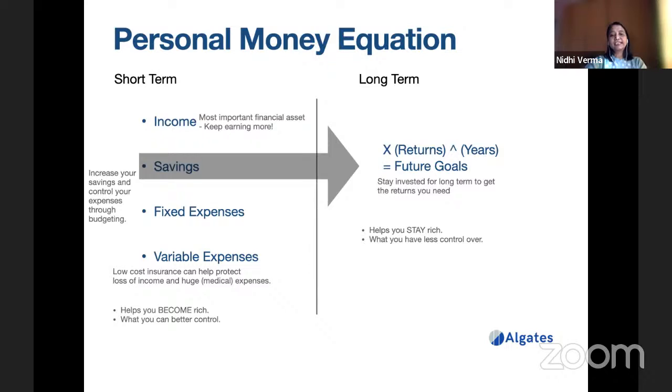So increase your savings and control your expenses through budgeting. Since you have a kind of fixed income, or even if it is a variable income, save as much as you can, do budgeting, and try to figure out what your fixed and variable expenses are on a monthly basis, and save as much as possible and transfer it towards your long-term investments.